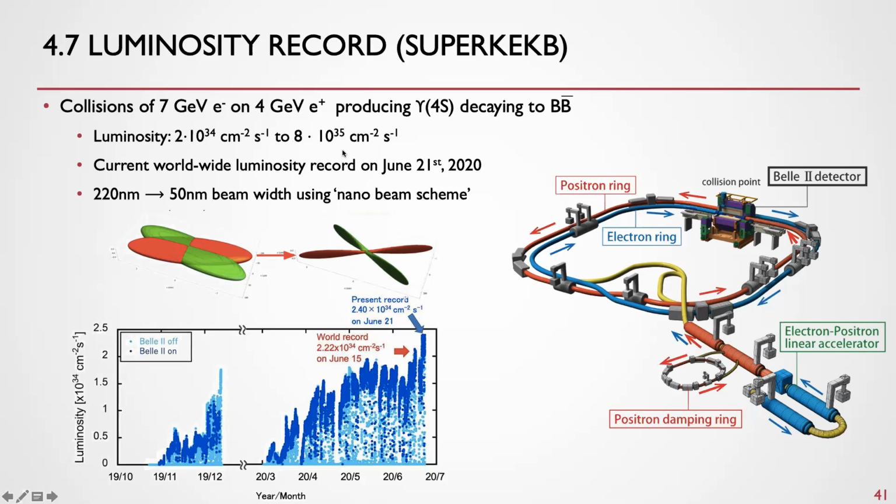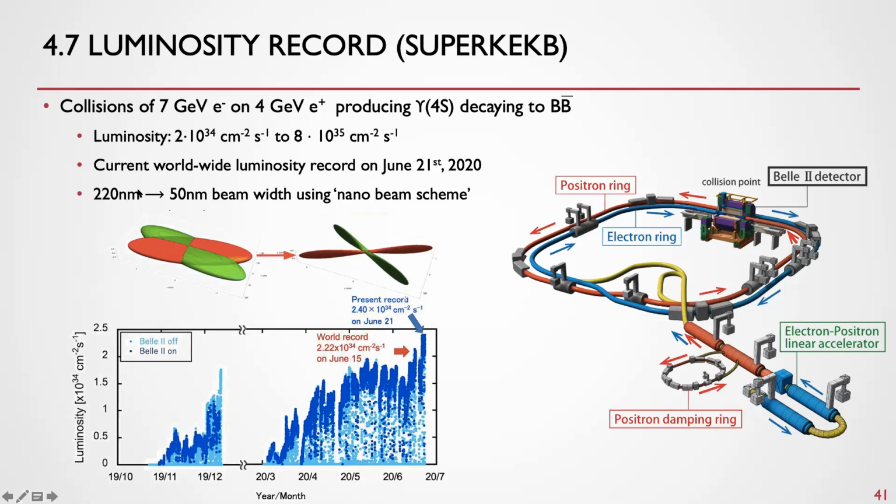However, the target is 8 × 10^35 when it is fully operational. The world record was only set this year in June, so they just overtook the LHC in terms of luminosity, hence we call this the luminosity frontier.